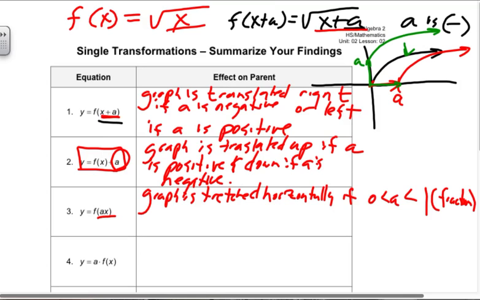Okay? And that's going to stretch it if it's a fraction. Or compress if a is bigger than 1. Okay?